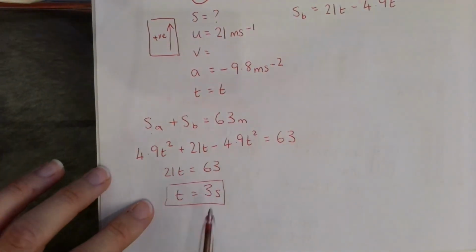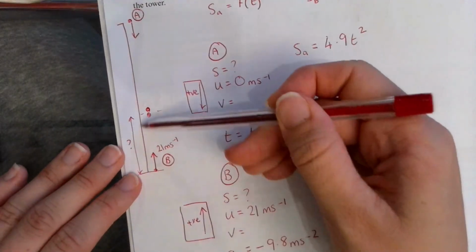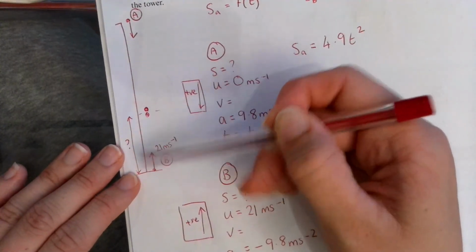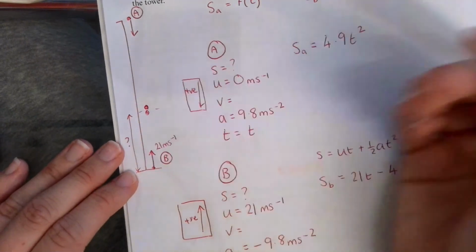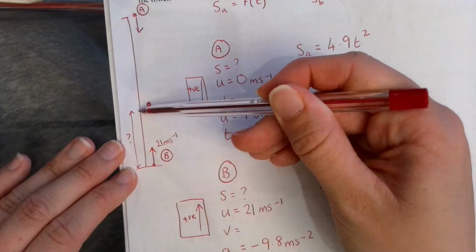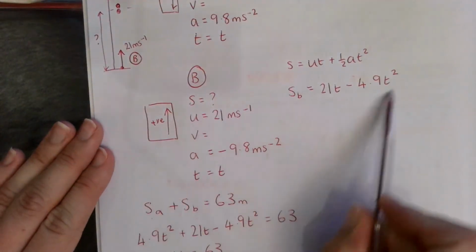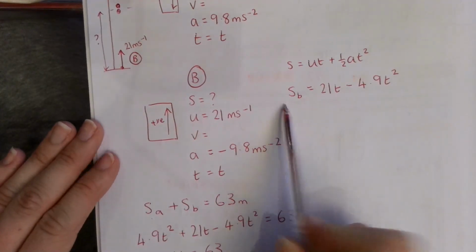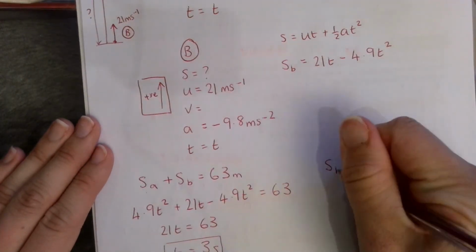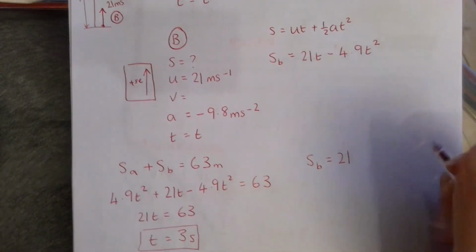We've almost finished the question, but not exactly, because the question's asked for the height from the bottom of the tower. They want to know this distance here. And that is basically saying, what distance has B travelled? What is the displacement of ball B when the balls hit each other? So I've actually really handily already worked out that equation. So I'm saying when the balls hit each other, the displacement of ball B is equal to 21 times t.